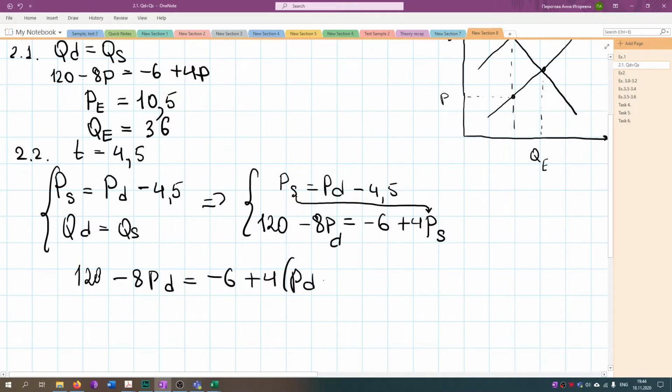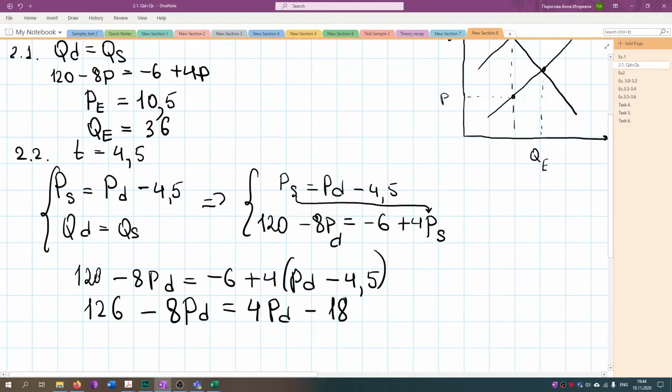So 4 multiplied by price for customers minus 4.5, 126 is equal to 8 price equal to 4 price minus 18.